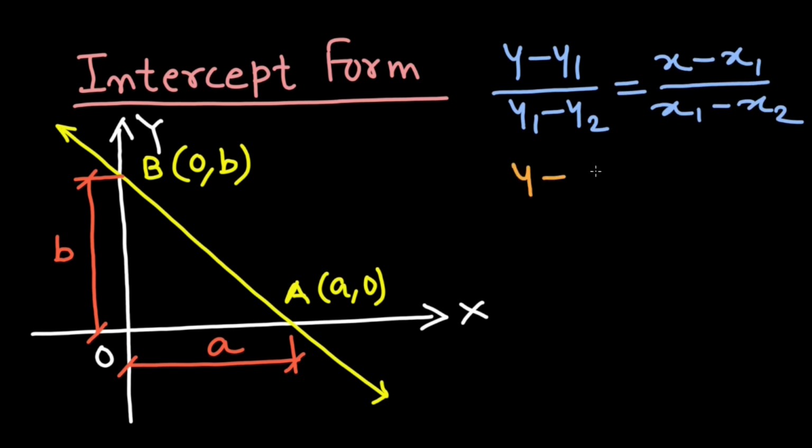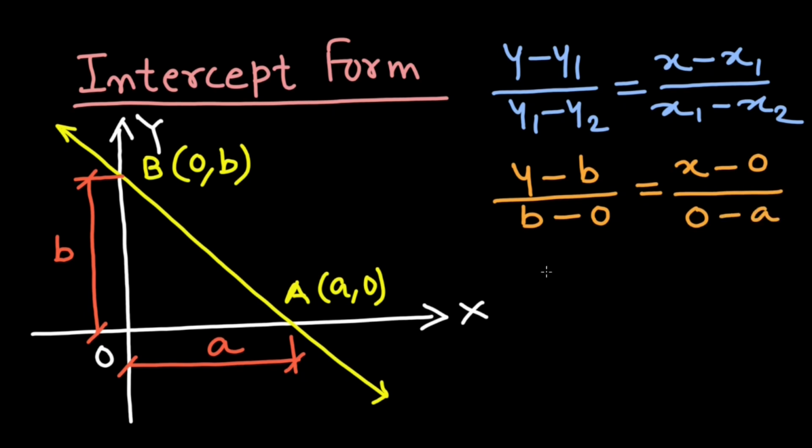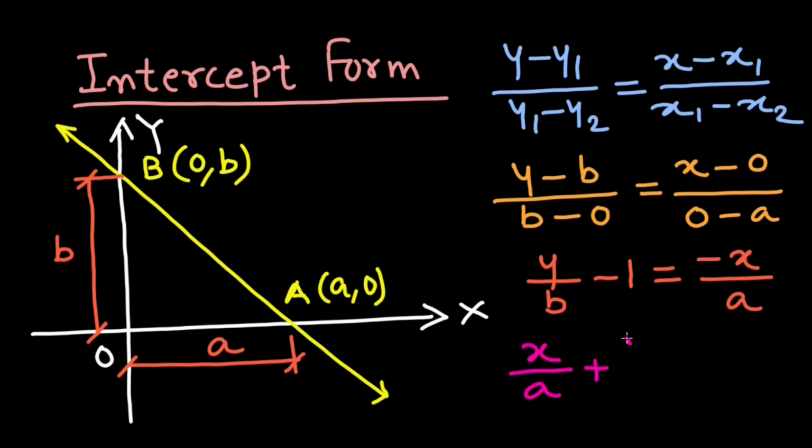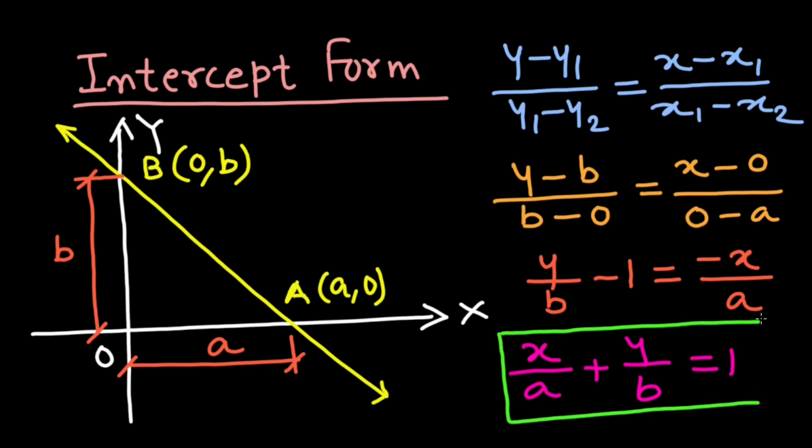It will be (y minus b) upon (b minus 0) equals (x minus 0) upon (0 minus a), which will be y by b minus b by b, which is 1, equals minus x by a, which will be x by a plus y by b equals 1. So x upon a plus y upon b equals 1 is the intercept form of equation of a straight line.